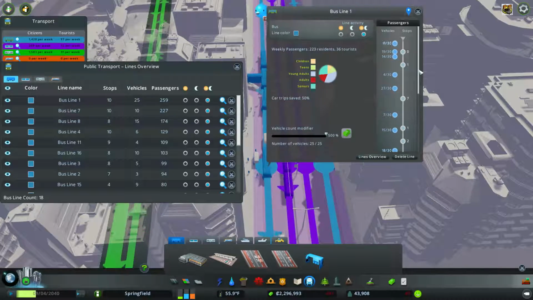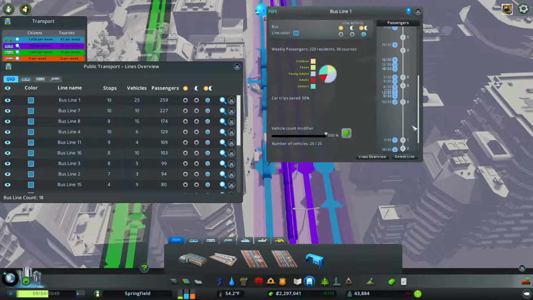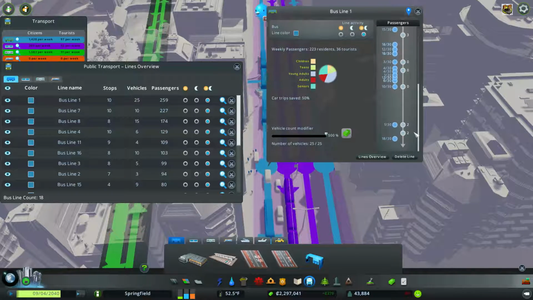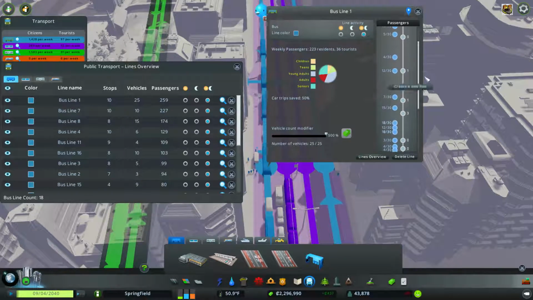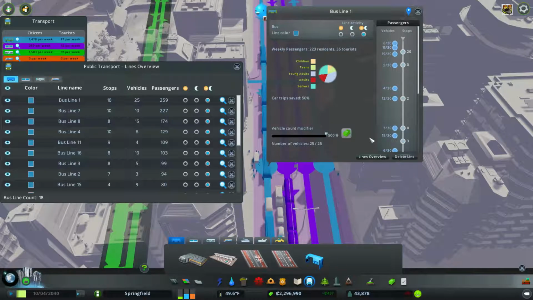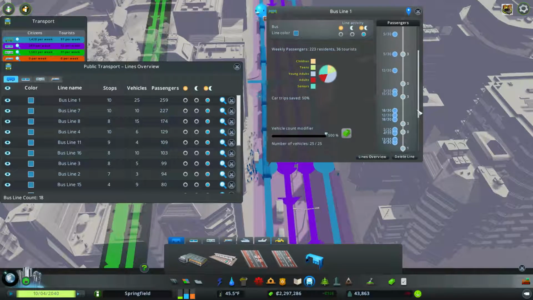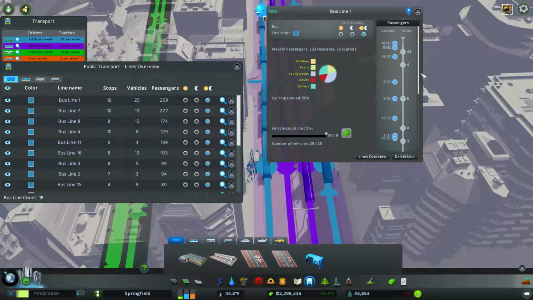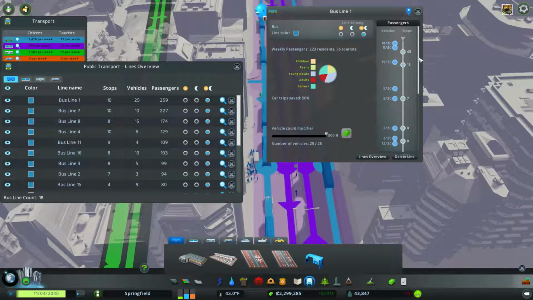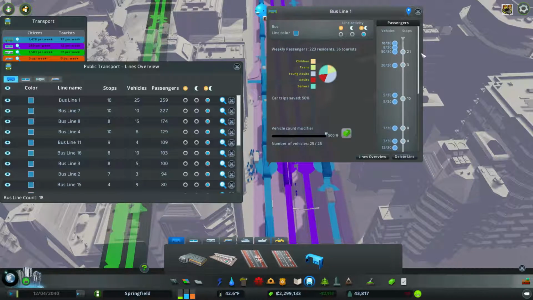And matter of fact, now that I've straightened this out, I may be able to reduce the number of buses and it won't really make a difference. But yeah, I've got 25 buses on this line, and I needed that just to be able to take in the amount of people using this line. So that was the first thing I did to try to fix that.